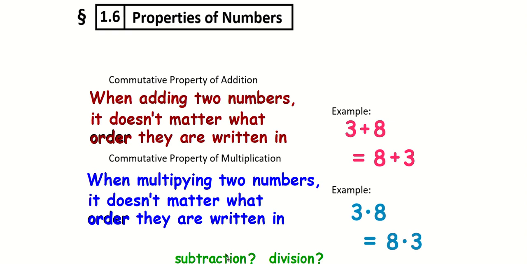And of course the answer is no. 3 minus 8 and 8 minus 3 are not the same. And the same goes for division: 3 divided by 8 is not the same as 8 divided by 3. So with subtraction and division, it matters which number you write first, but with addition and multiplication, it really doesn't.